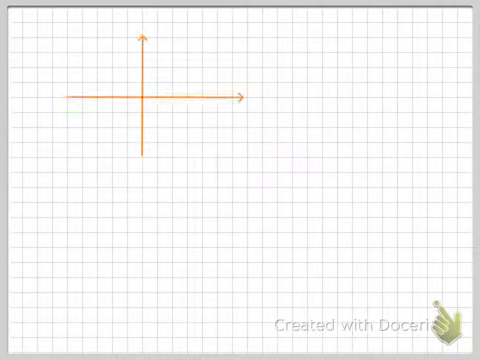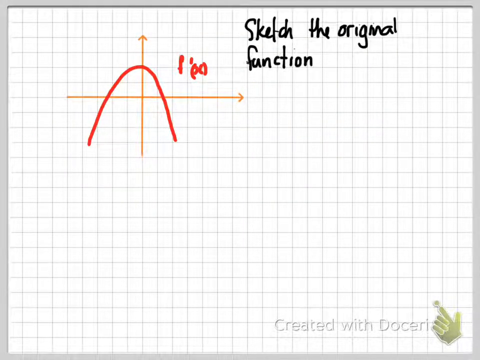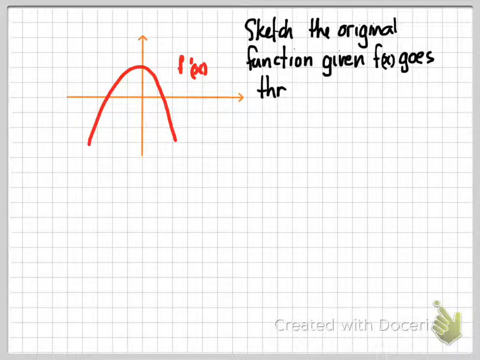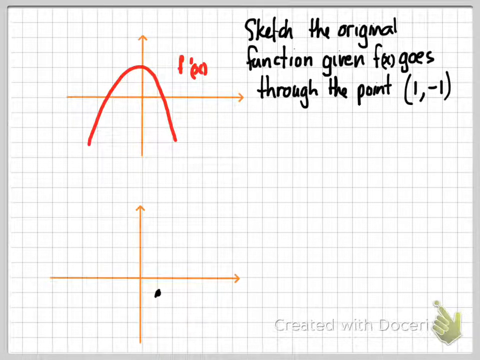Here's f'(x). This one here, we're going to sketch the original function given that f(x) goes through the point (1, -1). Now here is a differentiated function. So we put the point (1, -1) there first. Again, put numbers for the gradient.